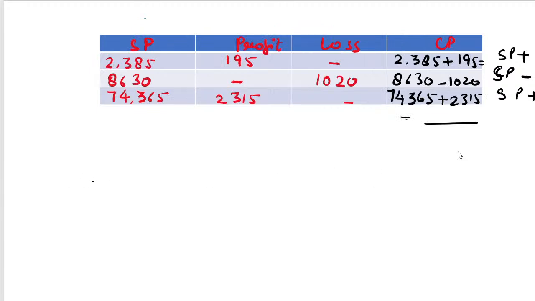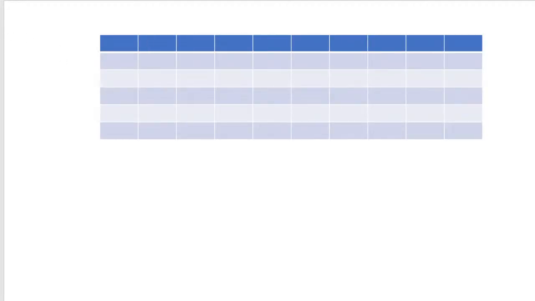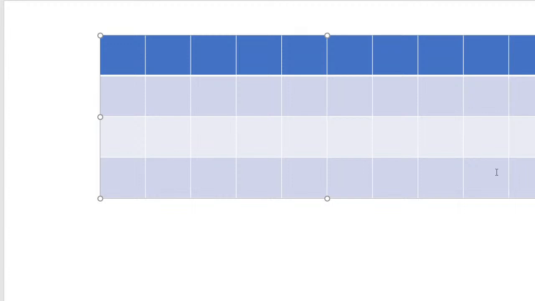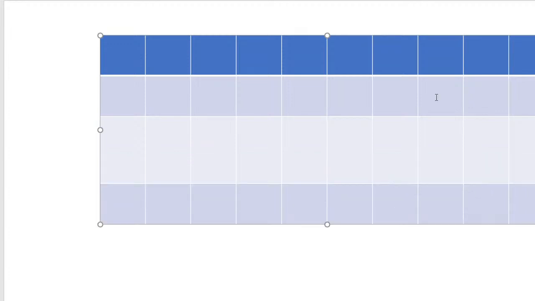Now in that case, okay, let's do it on the next page, so that we can insert some table here. Yes, let's do that one. Okay, just give me a moment. Yes, now it's done.